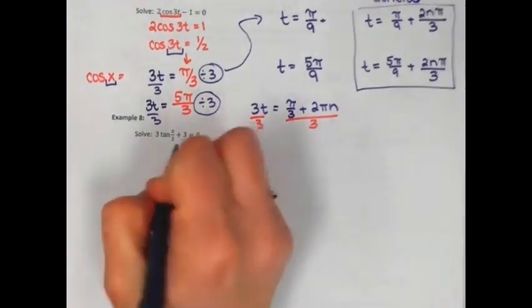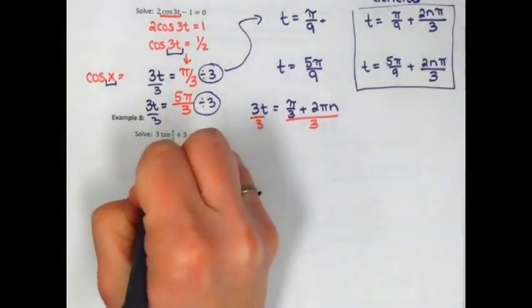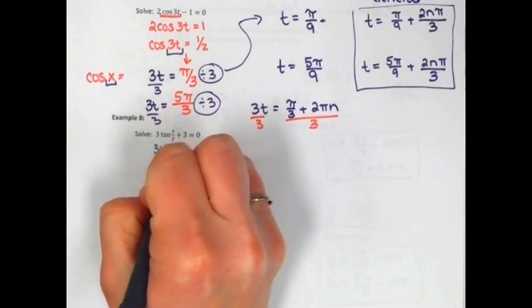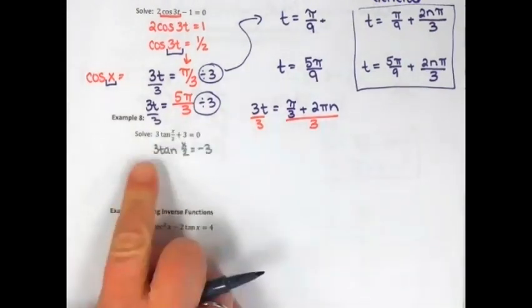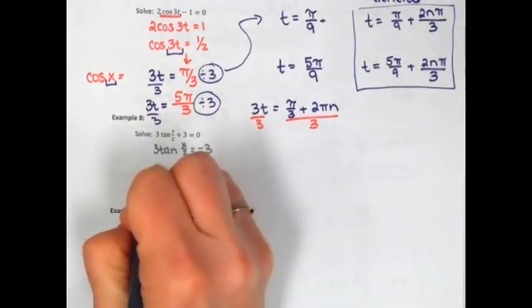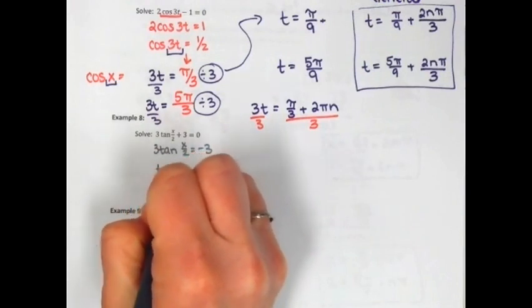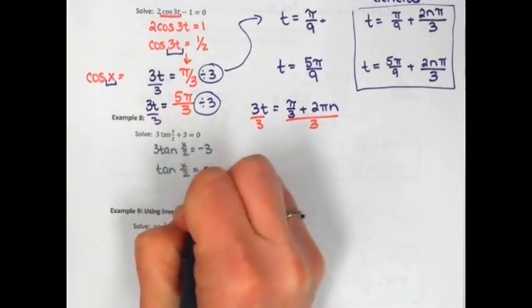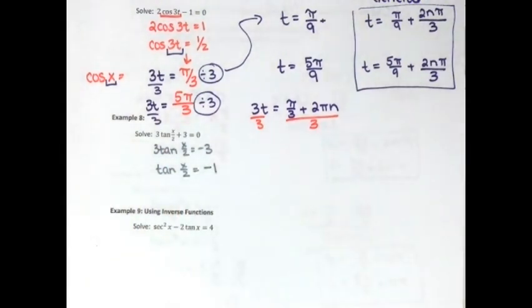I subtract the 3. So I get 3 tangent of x over 2 equals negative 3. How do I get rid of that 3? Divide, so we get the tangent of x over 2 equals negative 1, right? So when is my tangent negative 1?